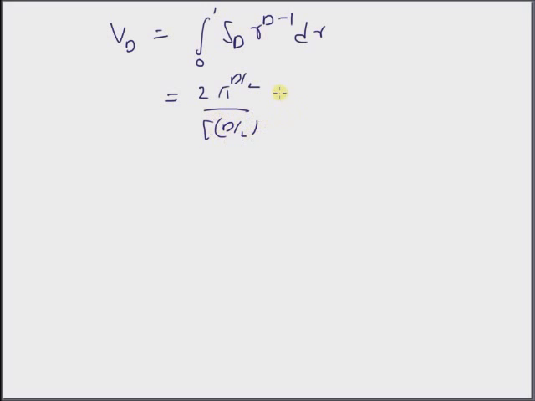Now the volume of the unit sphere is given by Vd equal to integral 0 to 1 surface area multiplied by r power d minus 1 dr, which is simply equal to 2 pi power d by 2 by gamma of d by 2 integral 0 to 1 r power d minus 1 dr, which is again 2 into pi power d by 2 by gamma of d by 2 times 1 by d.